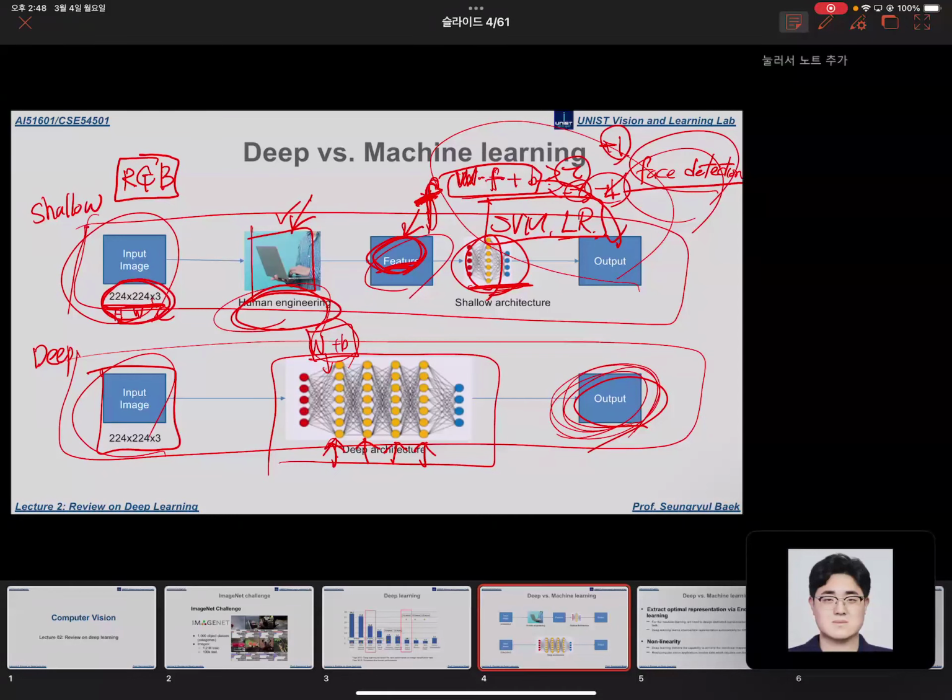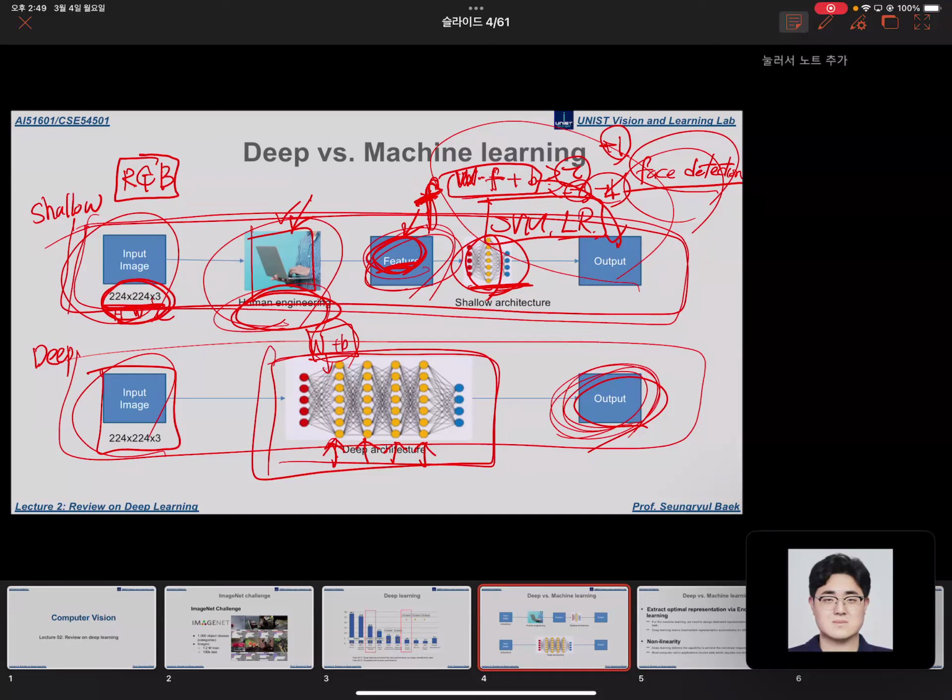And if the task becomes different, for example, if we want to detect a cat this time, then maybe this feature vector should be re-engineered by ourselves. Okay. So every time the task is changed, we have to define human engineered features by ourselves. But in deep learning architecture, we don't have to do that.